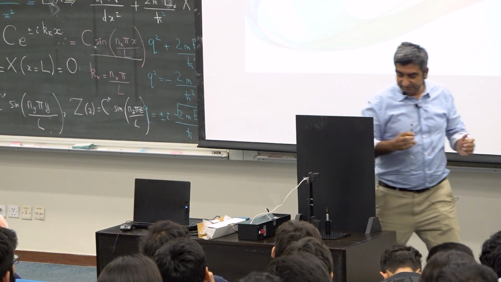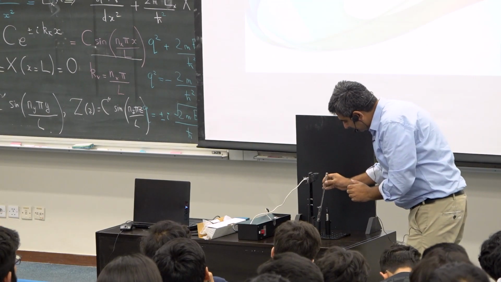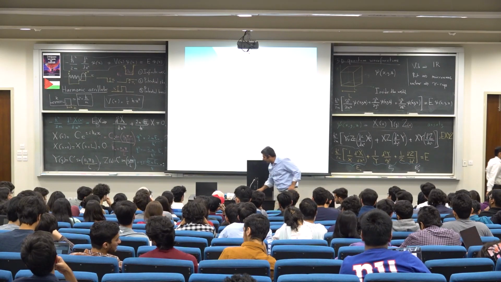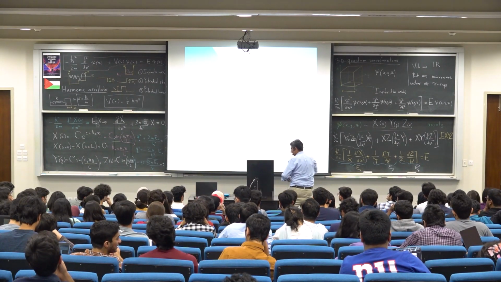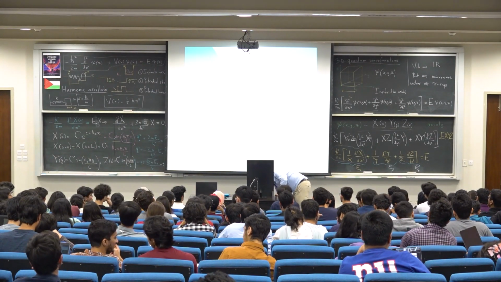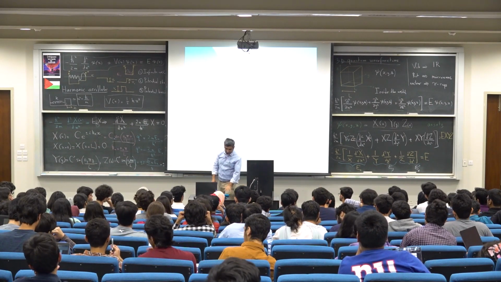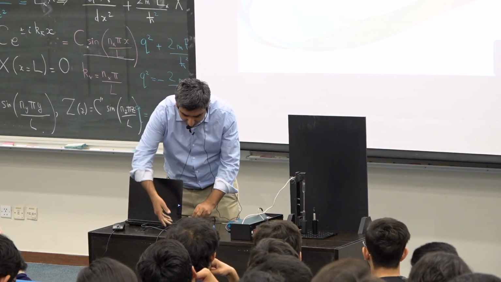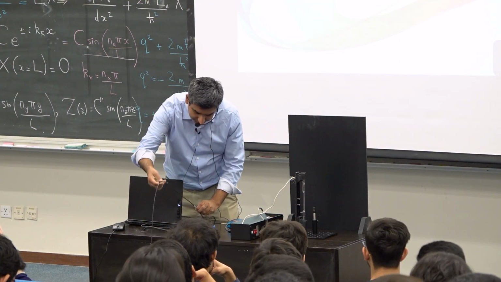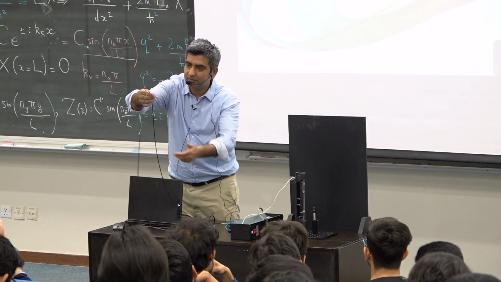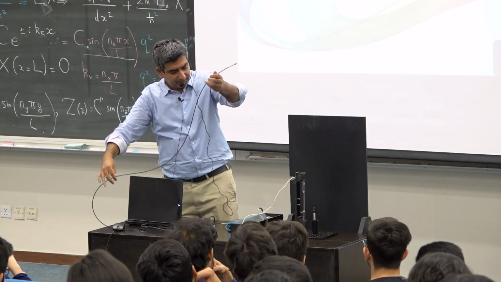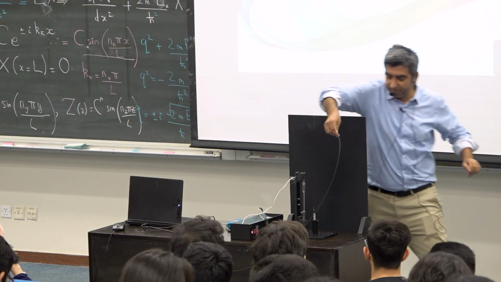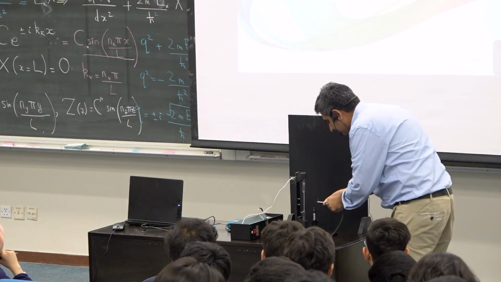So I put this inside this power supply. Now I also have with me an object called a spectrometer. This spectrometer is equipped with an optic fiber. This is an optic fiber. And I place this optic fiber close to the tube.